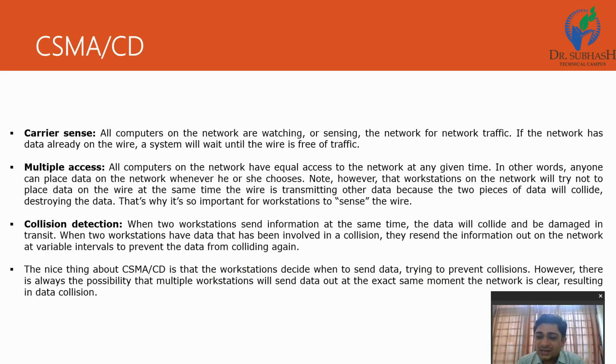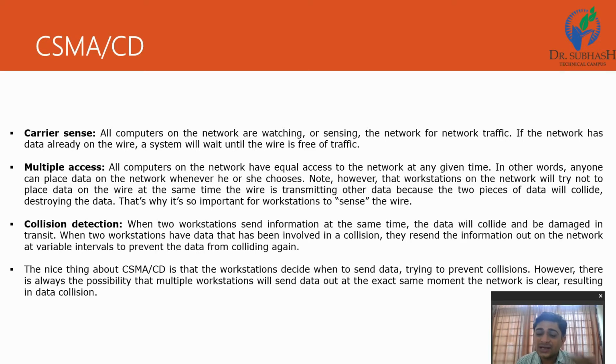What it says: before transmitting your data, first we have to sense, we have to analyze the channel, the physical medium on which we are transmitting the data, is available for us. If yes, then we will transmit our data.